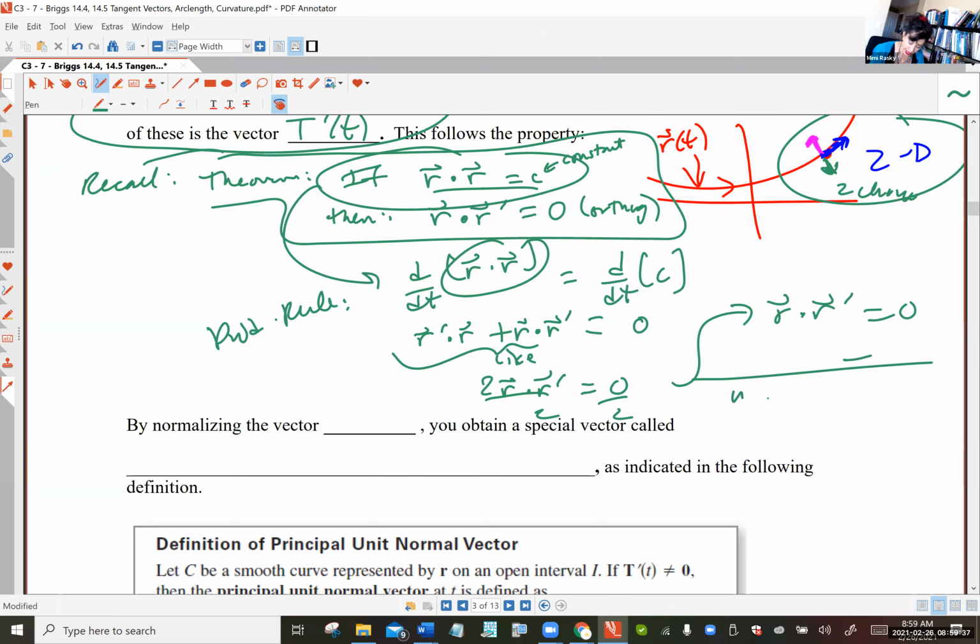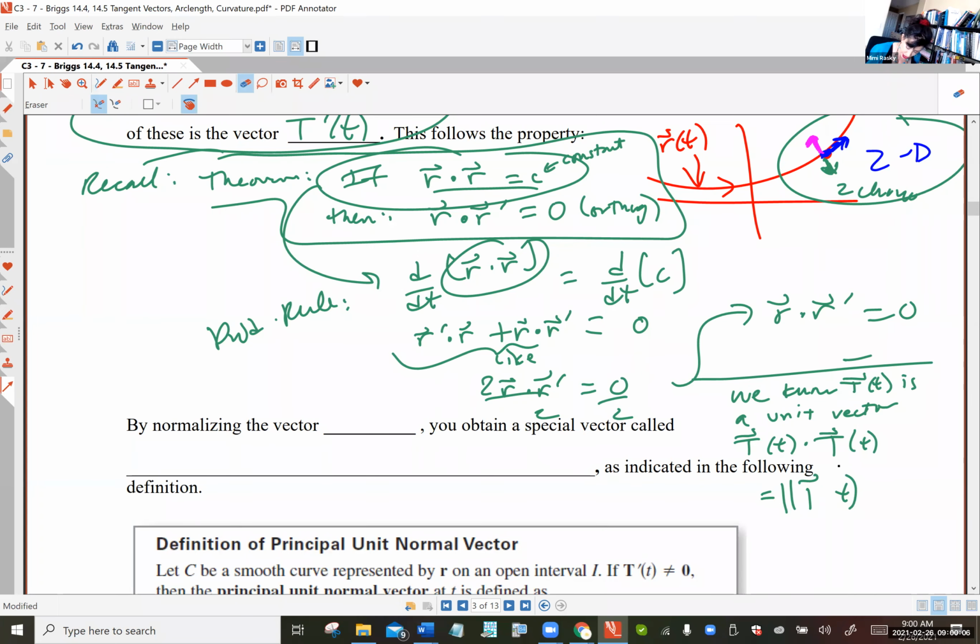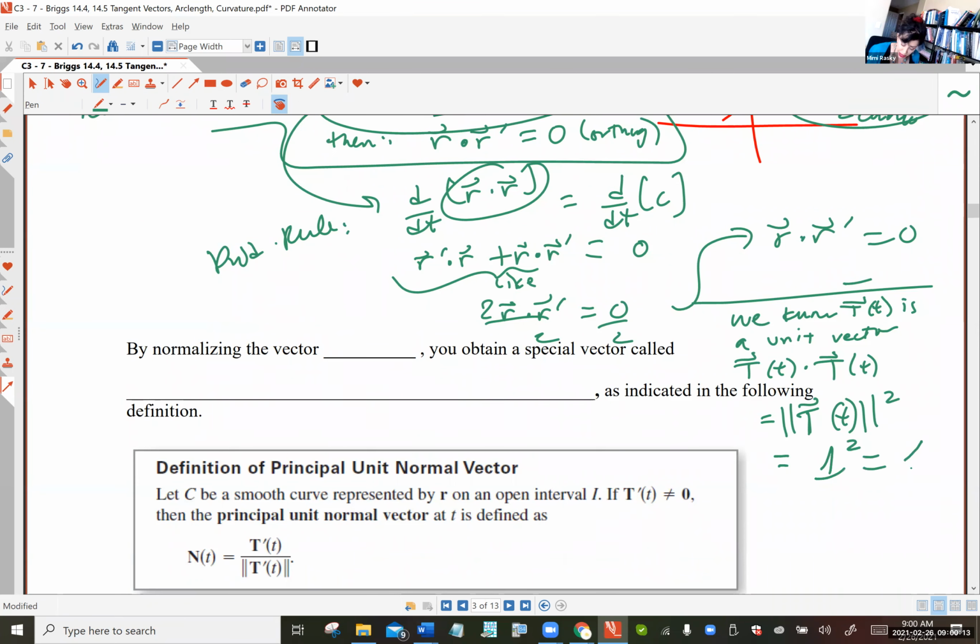So we know that this big T is a unit vector because that's the way it was defined. That's true. When you take the dot product of big T with himself, there's another theorem that we did about 3 weeks ago that says the dot product of a vector with itself will give you the same thing as the magnitude squared, but that's just going to be 1.